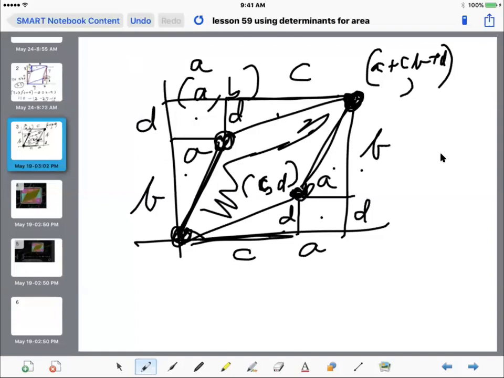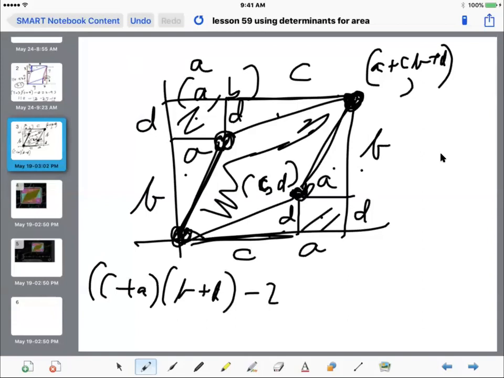Okay, everybody, I see Ed put in a very nice solution there. The big rectangle is (C plus A) times (B plus D). These two smaller ones are both AD, so it's minus 2AD. And each pair of triangles, these two are each 1/2 AB, so together it's just AB. And these two together are just CD.